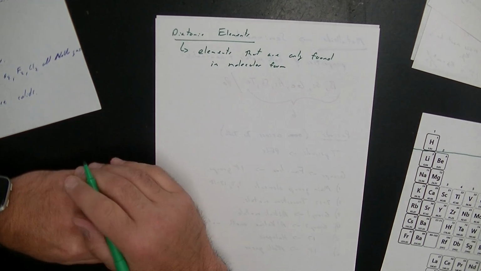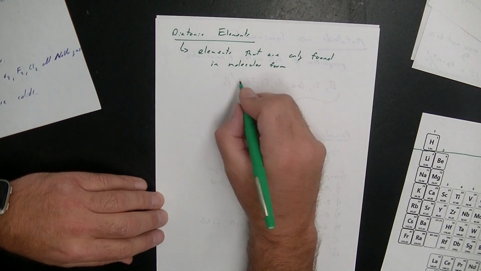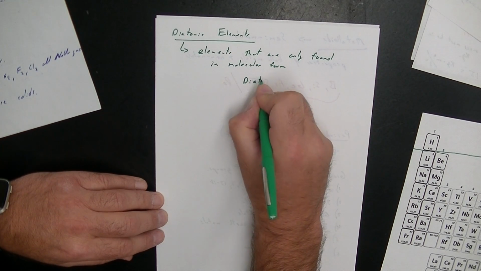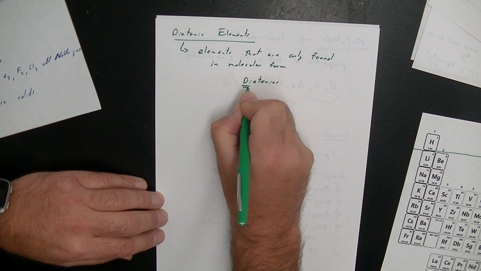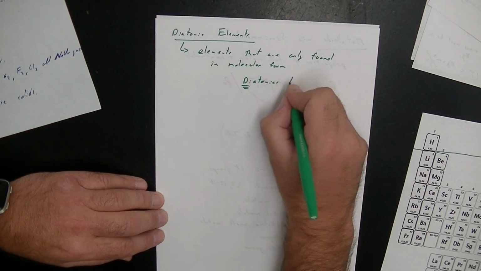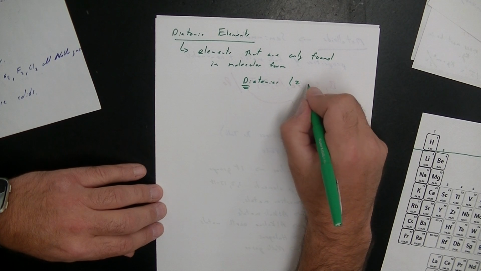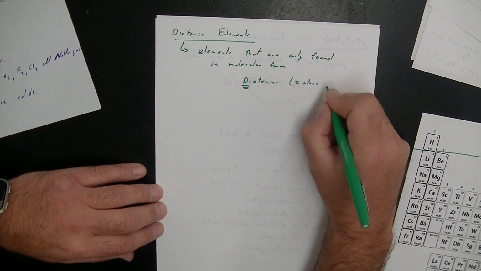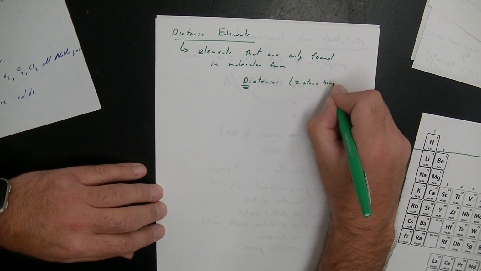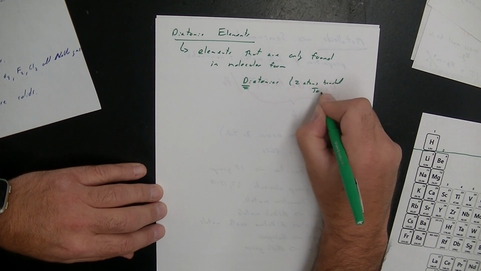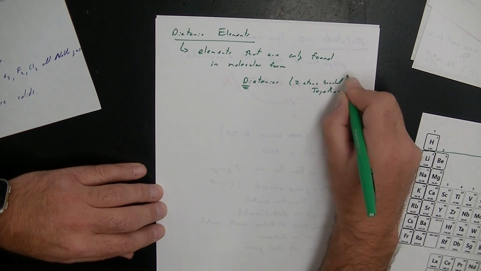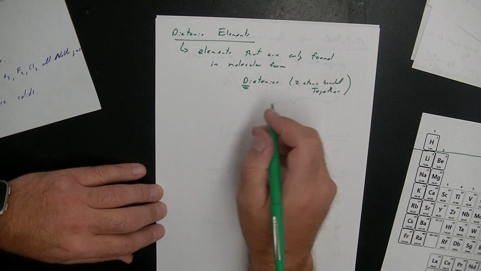The diatomics mean that we have 2 atoms bonded together. And you need to know them.